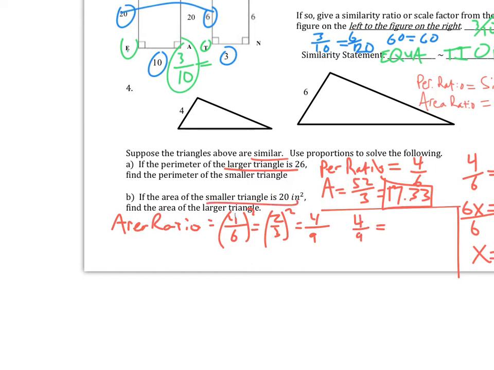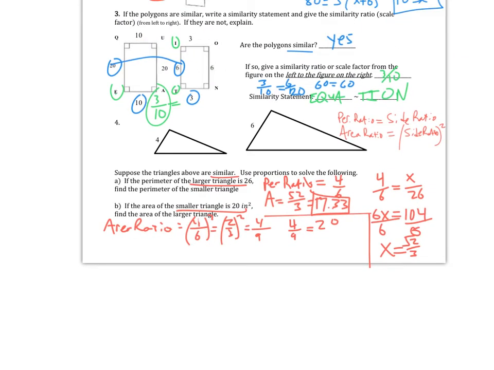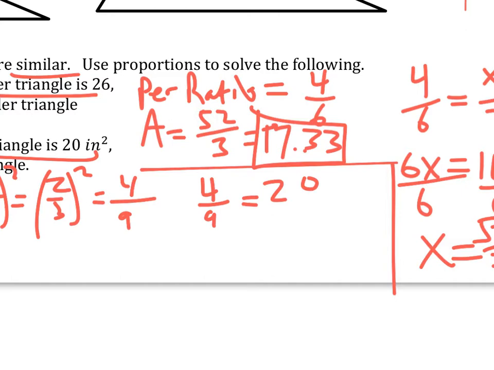We know the small one is 20. Okay? So we have 20 over x. Okay? And if we cross multiply, we get 4x equals 9 times 20, which is 180. Divide by 4, and we get 45 degrees.